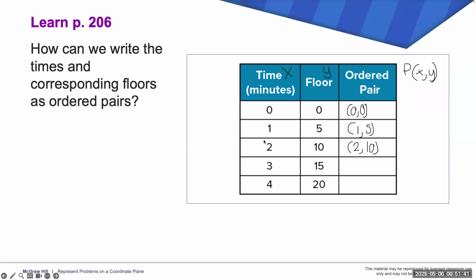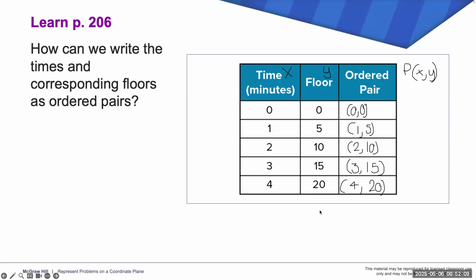So then at 3 minutes for x, the elevator will be on the 15th floor. At 4 minutes, the elevator will be at the 20th floor.